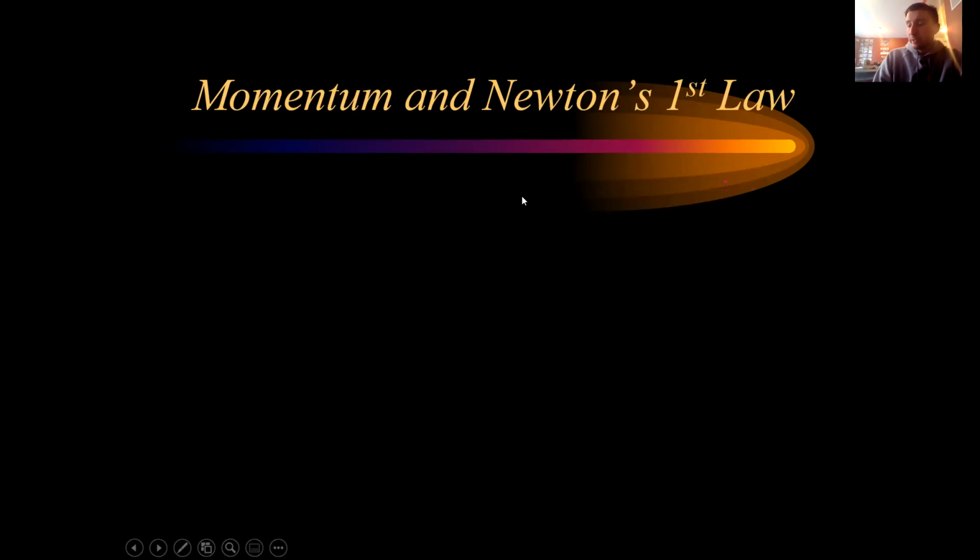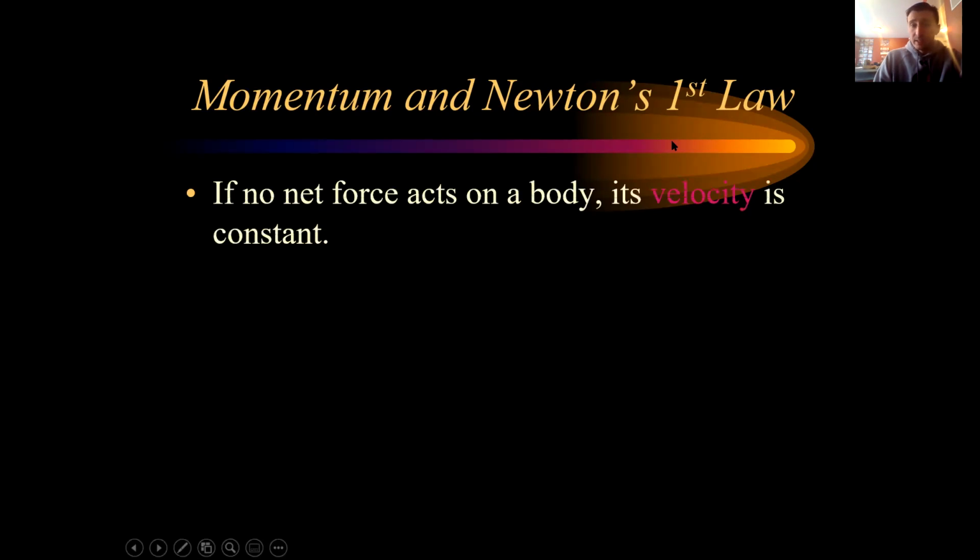So just like we did in the energy chapter, we're going to be relating this to a law of conservation of momentum. We had the law of conservation of energy, and now we're on the law of conservation of momentum. If we think about Newton's first law, it says if no net force acts on the body, its velocity is constant. So if there's nothing acting on it, no net force, it remains at a constant velocity.